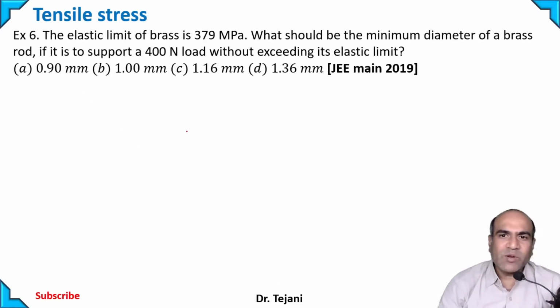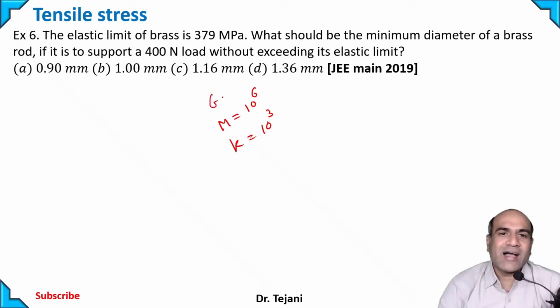So we have an example from JEE Main 2019, and the example is: the elastic limit of brass is 379 megapascal. What is mega? Mega means 10 power 6. You have to remember all this, right? What is kilo? Kilo is 10 power 3.